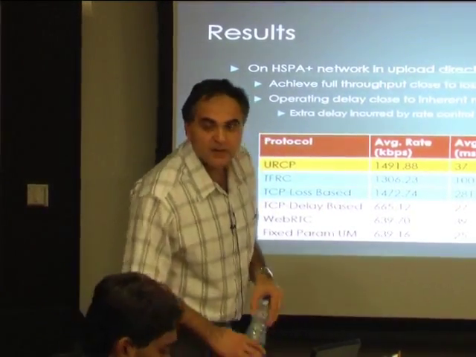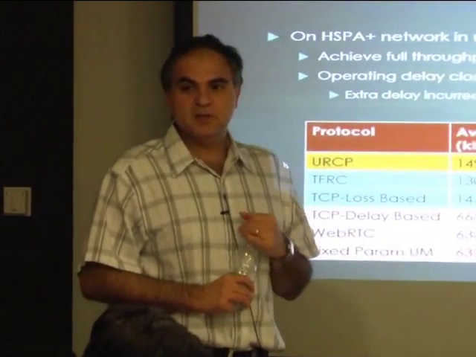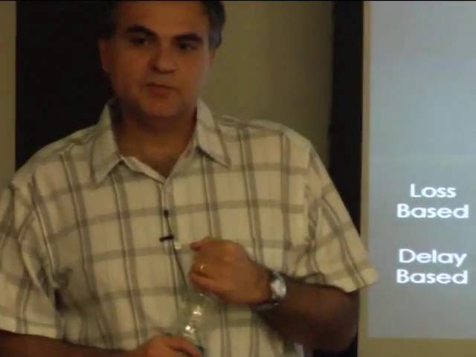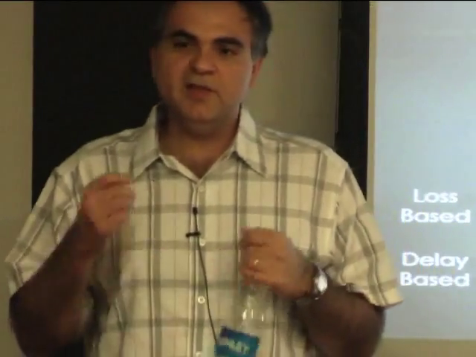There's a recent NSDI paper, the Sprout paper, yeah. So how is that different from this? So Sprout uses an available bandwidth estimation scheme. So it has a model of the network. It assumes that the queue is modeled using Poisson arrivals for the packets with a certain escape rate for the packets being dropped.